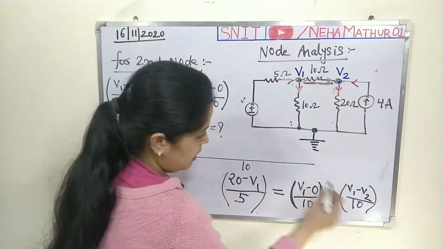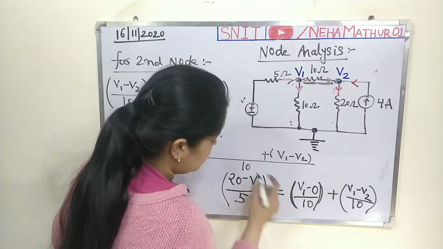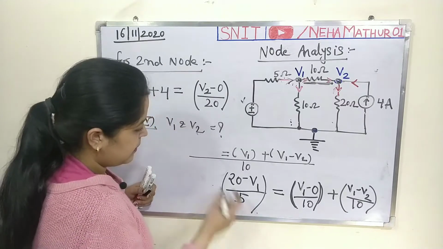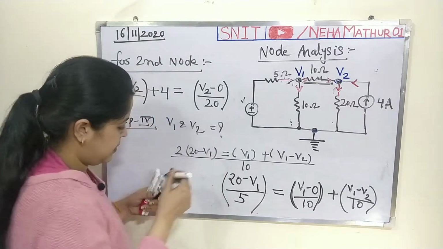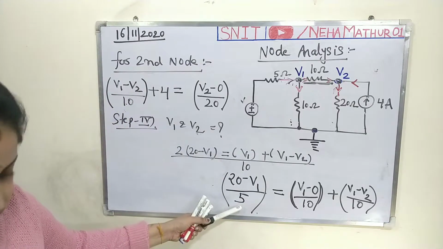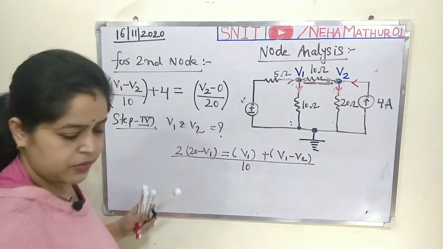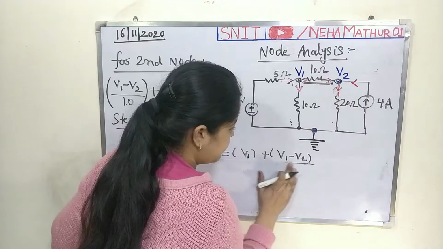So here you will get V1 minus V2 plus V1 is equal to here 20 minus V1. So you can write this equation like this. Or you can write it like this.